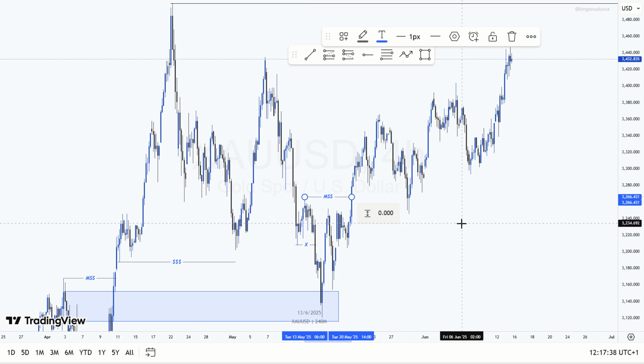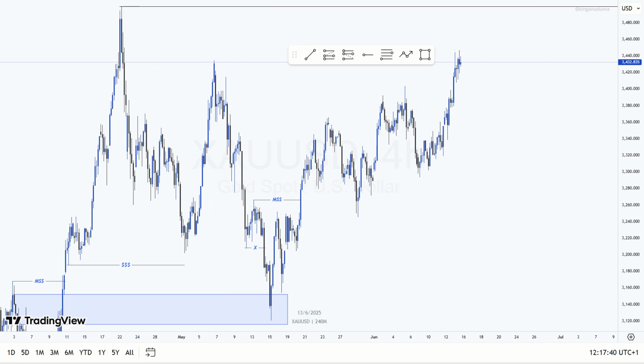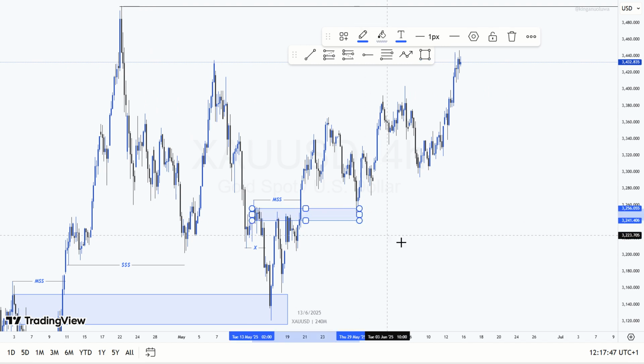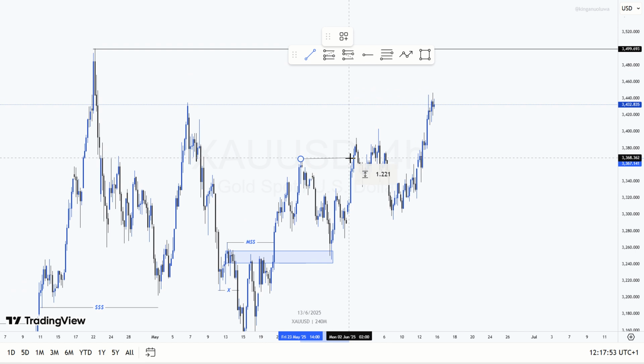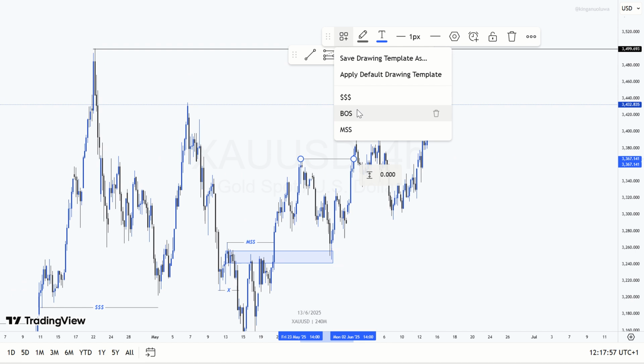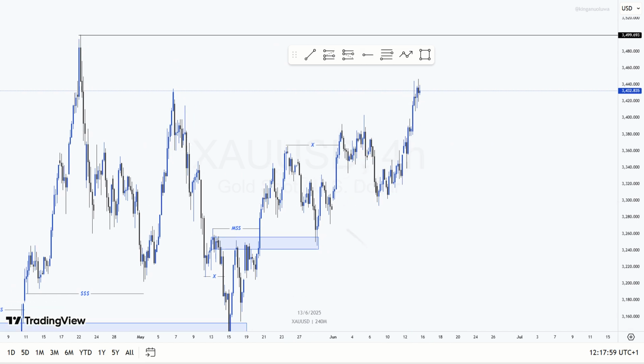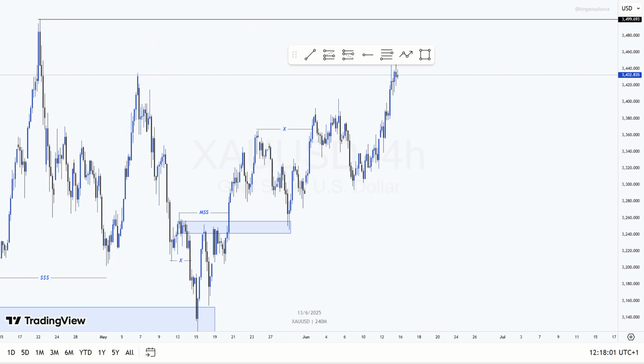So price pulled back into this breaker again, and continued buying. Then broke structure here again. So this was how price was last week.